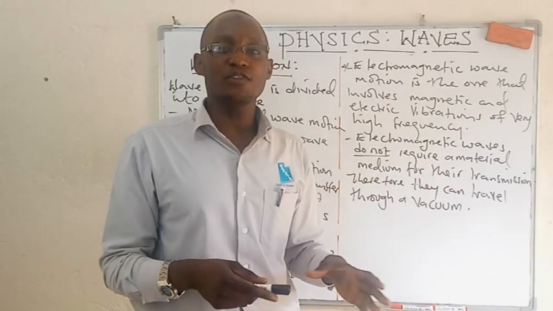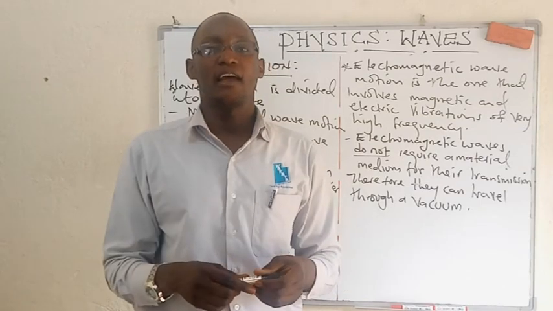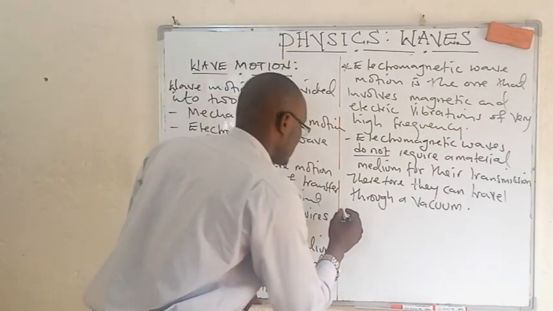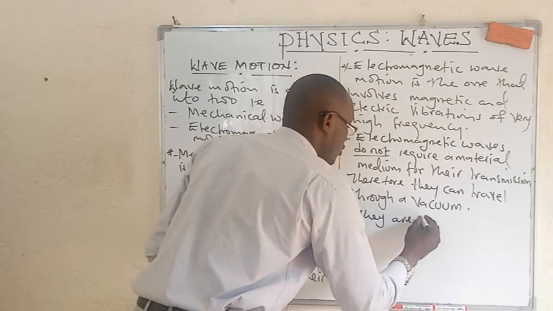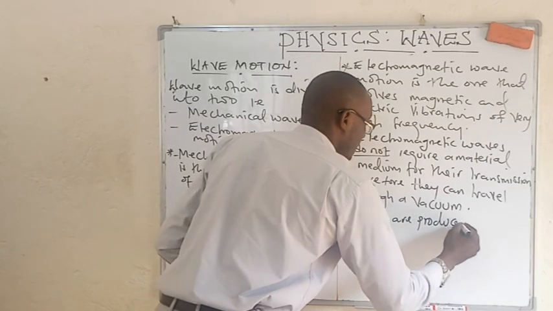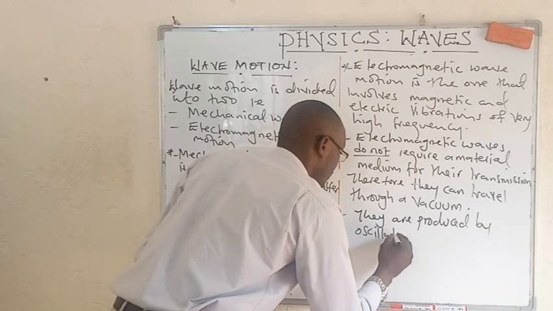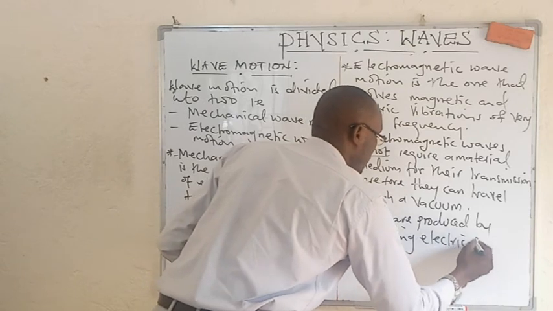How are they produced? They are produced by oscillating electric sparks and very hot bodies. We need actually to talk about that. That they are produced by oscillating electric sparks.